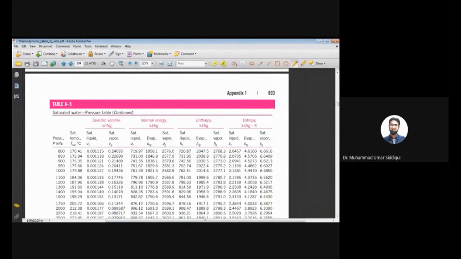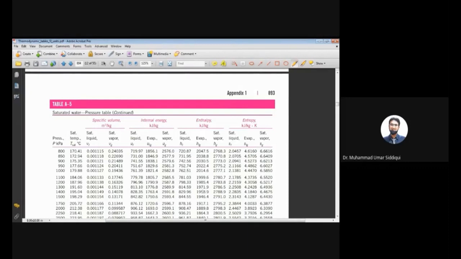We don't know whether it is in the compressed liquid state, the saturation state, or the superheated state. So the first step in the question, if you have two properties, is to use them to make a judgment: are you in the correct table, or should you go to some other table?